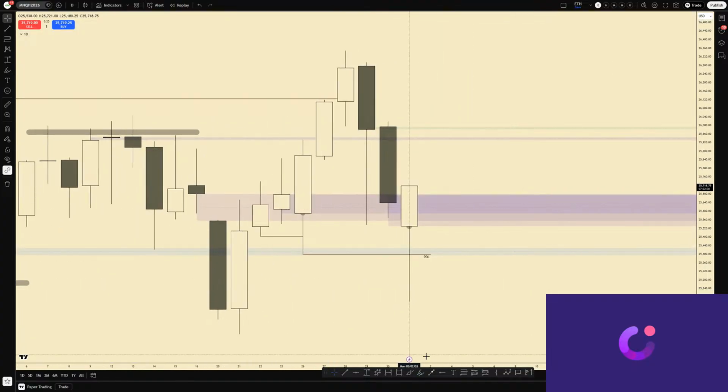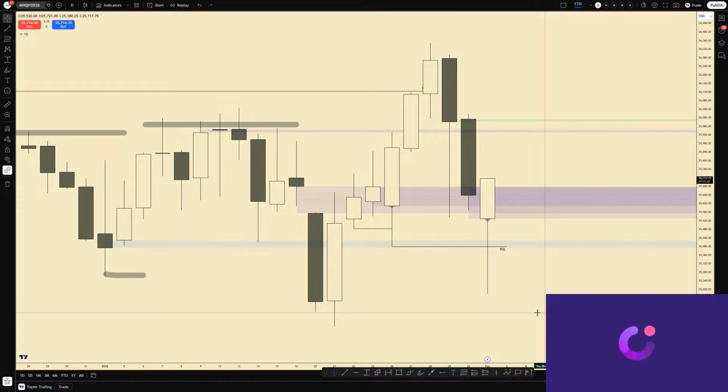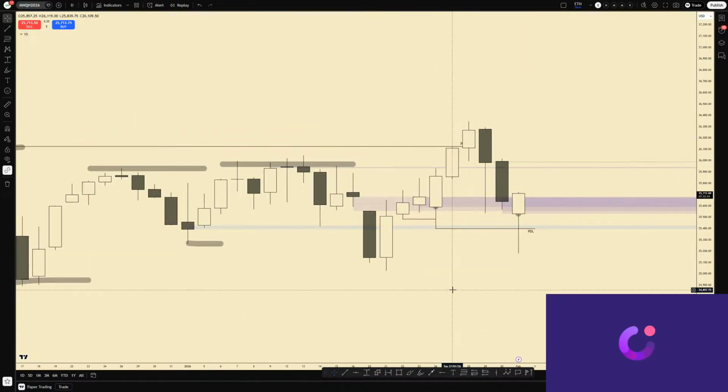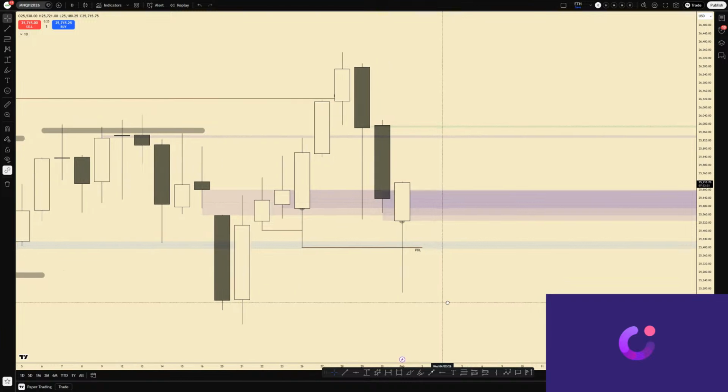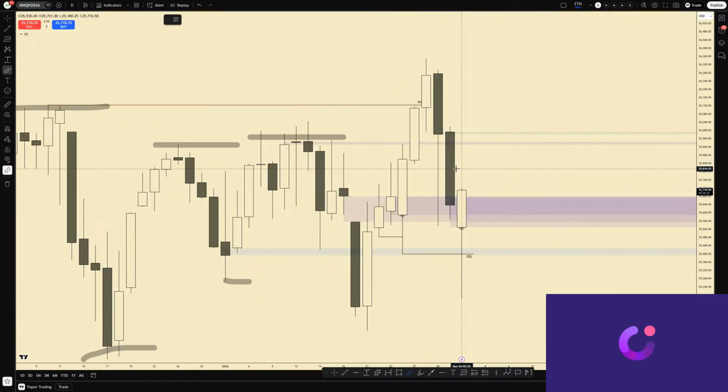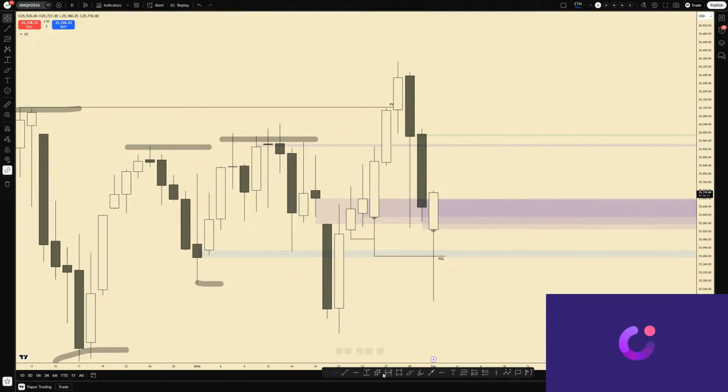It was easier to trade when it was trending, but when the daily chart is consolidating, it gets a little bit more complex, because there's always a probability for price to reverse after a certain amount of expansion.